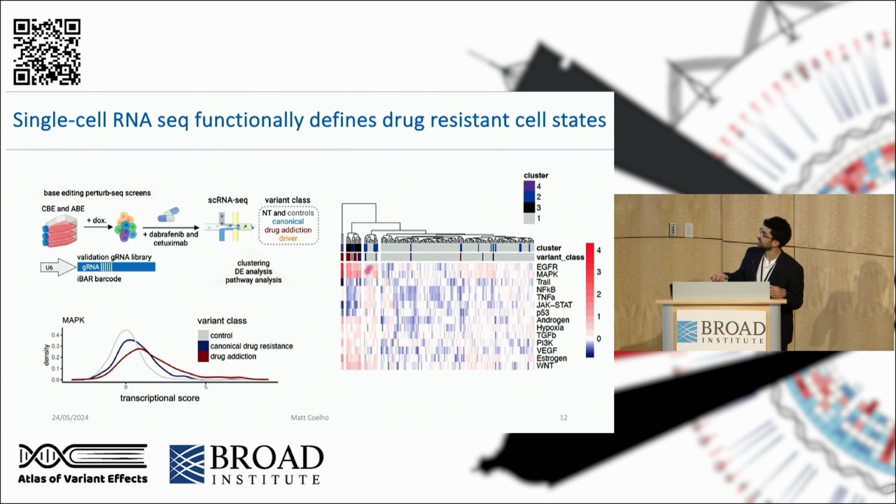And actually that's seen here in this histogram. So the drug addiction mutations are like the canonical drug resistance mutations, just more extreme in terms of their transcriptional impact. But we also saw some really interesting things we didn't expect, like downregulation of certain pathways, which we're looking into now and seeing if we can use these as acquired vulnerabilities.